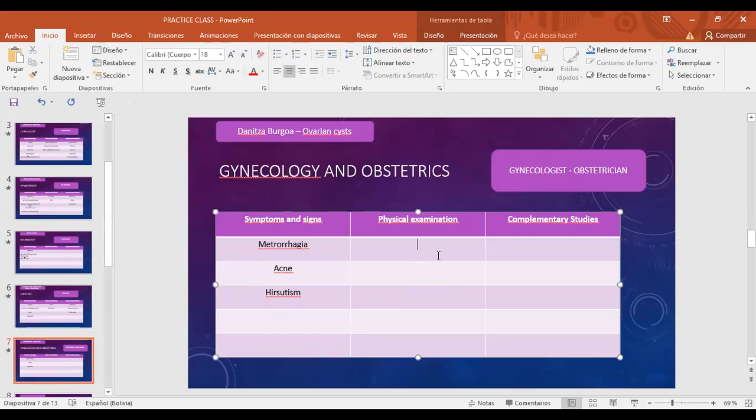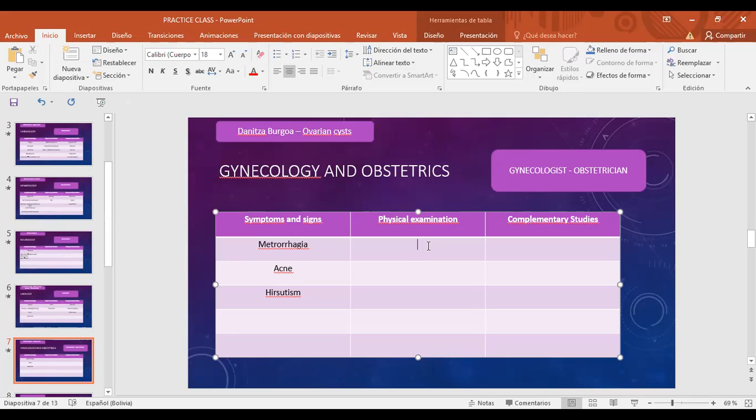So, what about physical examination? What would we find in a patient who has this diagnosis of ovarian cysts? Well, we will see. The patient will refer maybe pain in their periods.